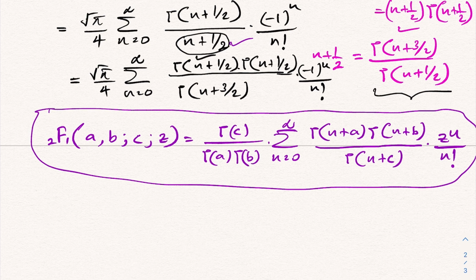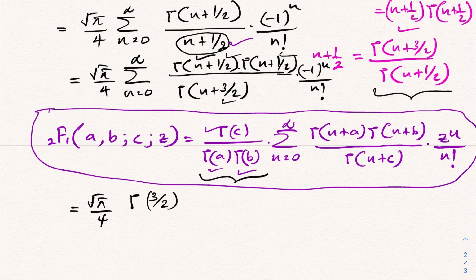So here we have now gamma of C, gamma of A, gamma of B. Therefore, here in our question, we have square root of pi over 4. Then before the sigma notation, here we have this part. So here we have 1/2, 3 over 2. Therefore, I am going to multiply by gamma of 3 over 2 because here we have gamma of C. Now C we know is 3 over 2 and also divided by A and B. Here A and B are equal to 1/2.